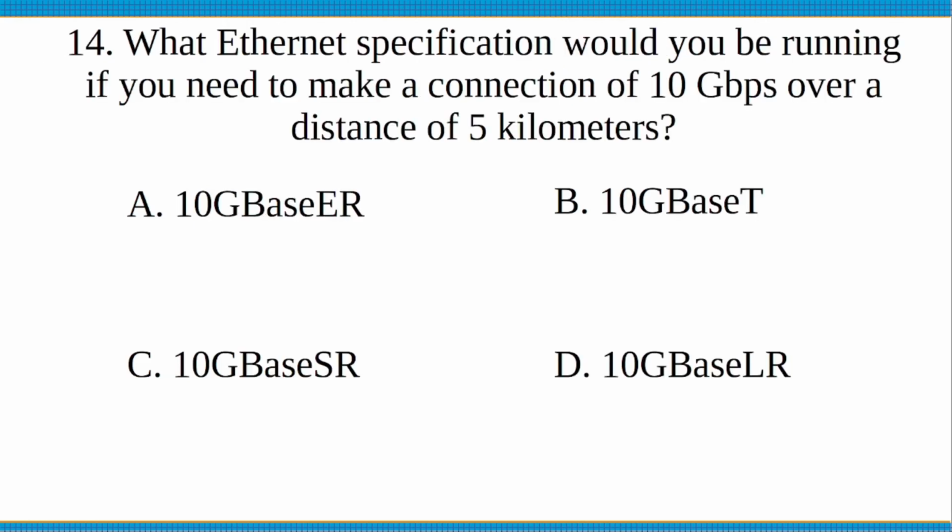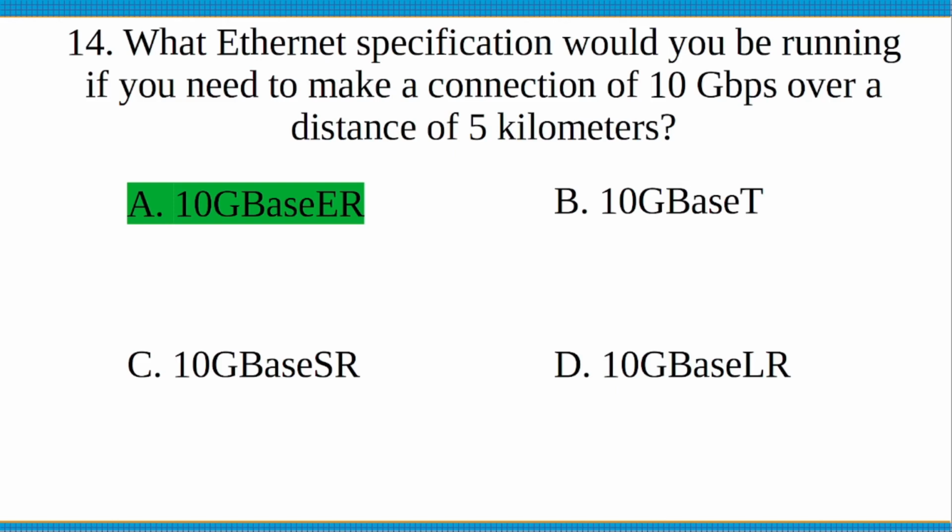Number 14. What Ethernet specification would you be running if you need to make a connection of 10 gigabytes over a distance of 5 kilometers? A. 10GBase-ER. B. 10GBase-T. C. 10GBase-SR. D. 10GBase-LR.